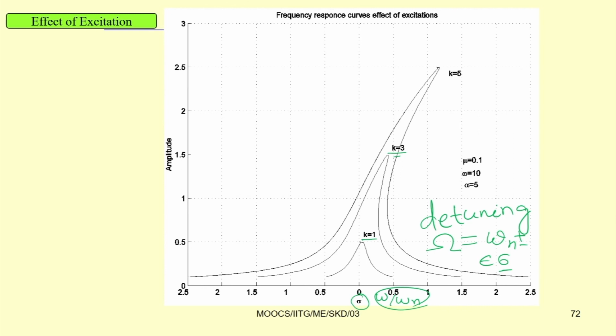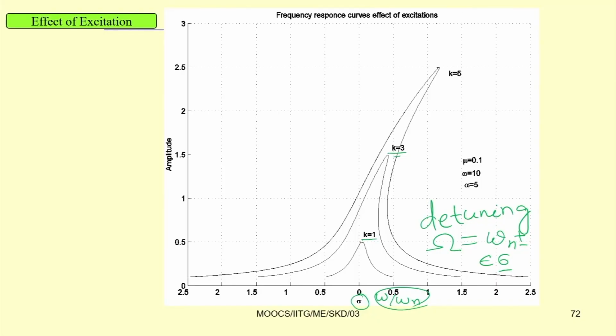For example, if the natural frequency is 3, we can study near about these 3 hertz, we can start from 2.7 hertz to 3.3 hertz and see in the near neighborhood of this natural frequency what happens to the system.